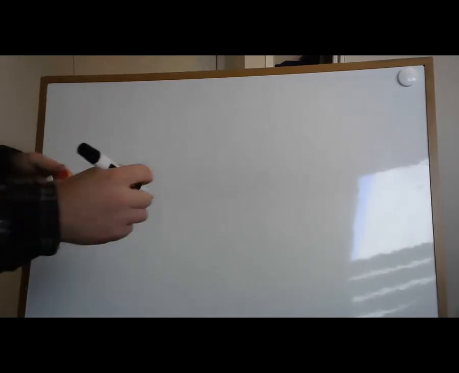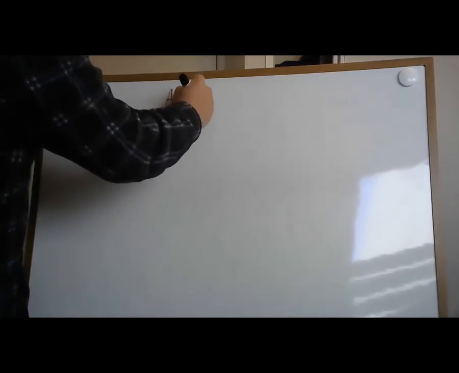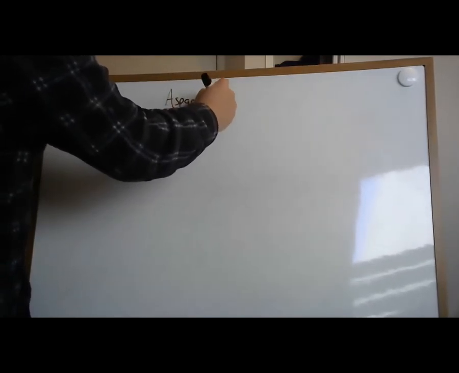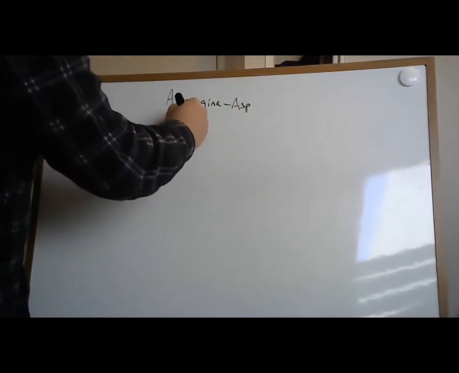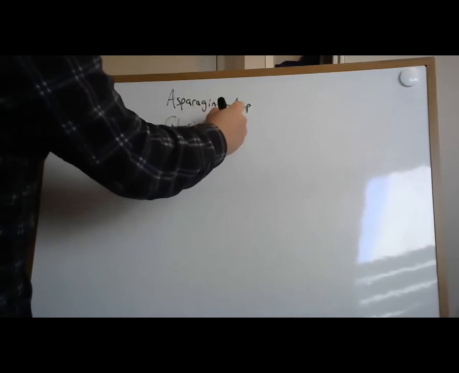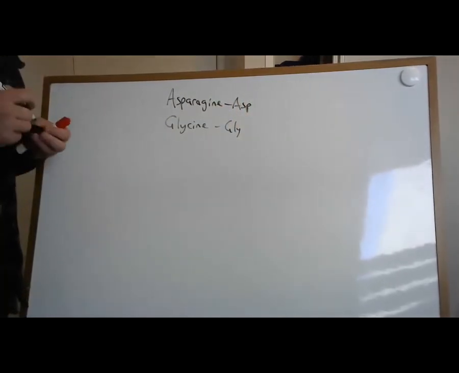And the amino acids, so asparagine is ASP, glycine, GLY, so on and so forth. There's 20 of them.